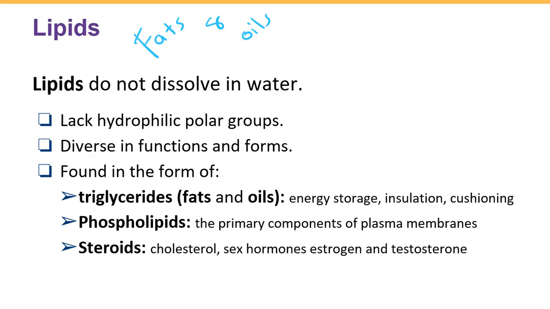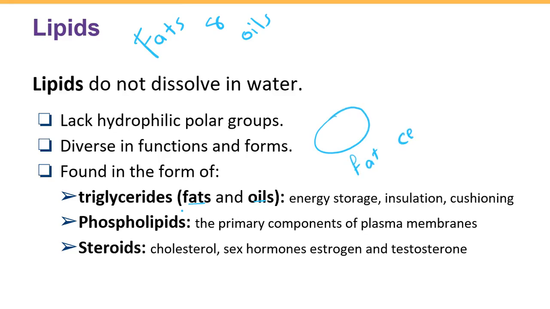We can find lipids as triglyceride and phospholipid, and the best examples of triglyceride are fats and oil. They store long-term energy. That's the reason we store fat in our fat cells.